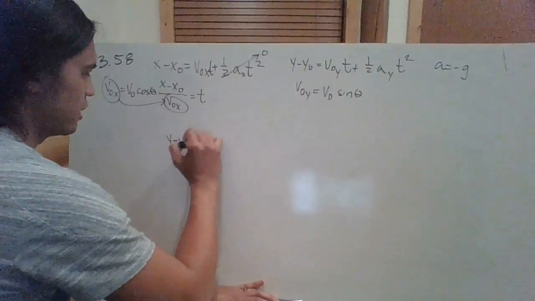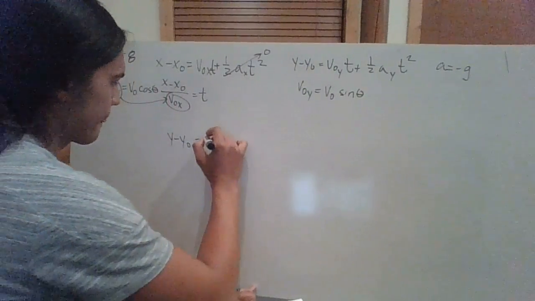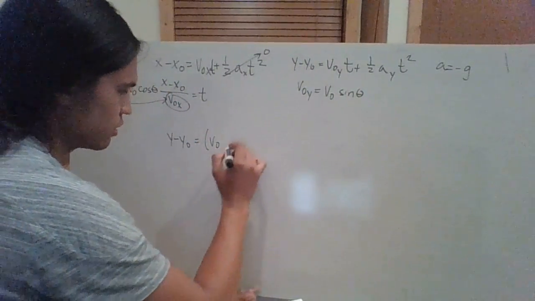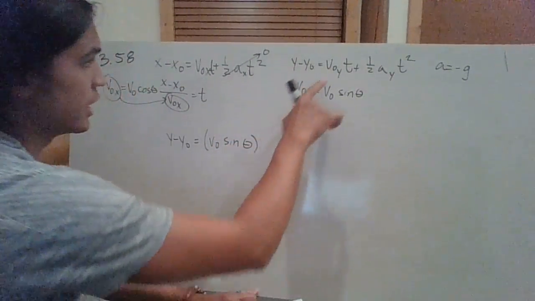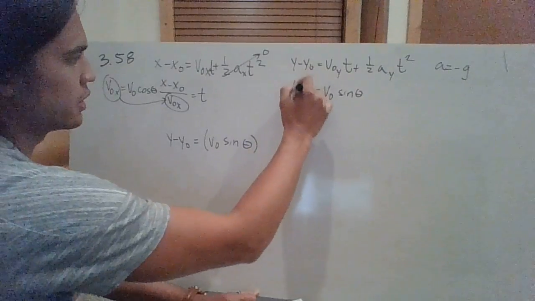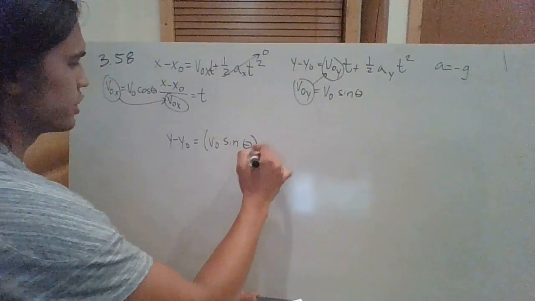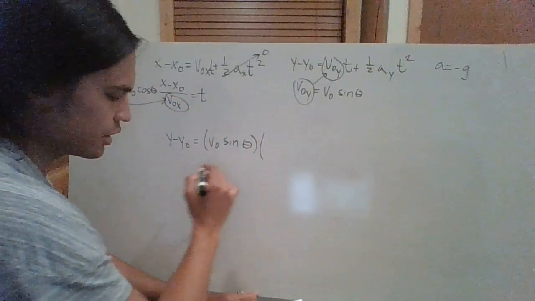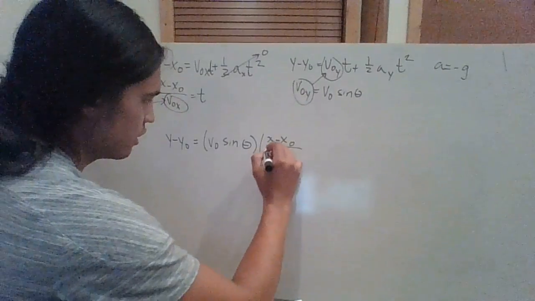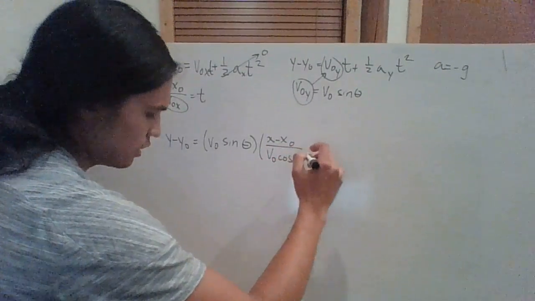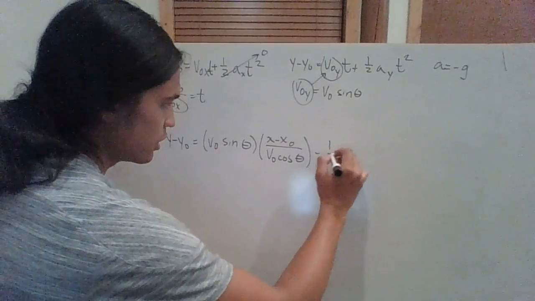So once we get all this plugged in, you'll have this equation: y minus y naught equals v naught sine theta times time. We just plug this in for that, and for time, we're going to use this over here, so that becomes x minus x naught over v naught cosine theta, minus 1/2.